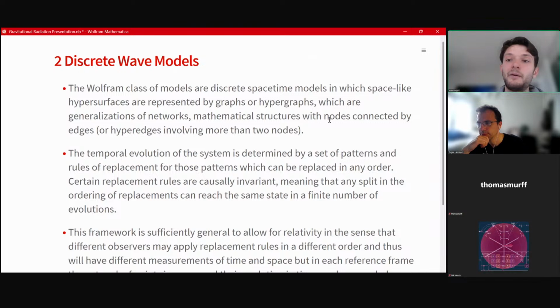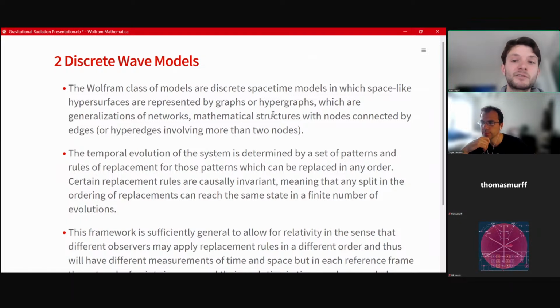So no two nodes within that hypersurface can directly affect each other. They can only affect each other through interactions in the future. So that's why it's called space-like. And these graphs are generalizations of networks.